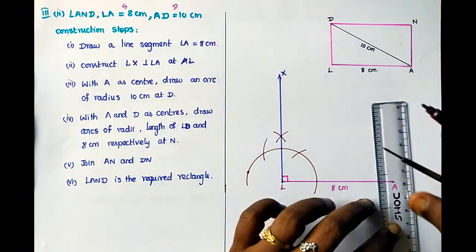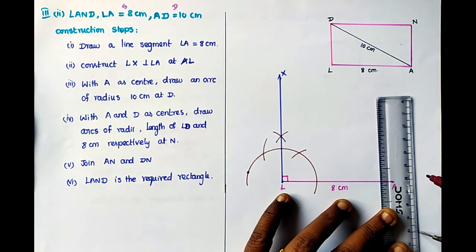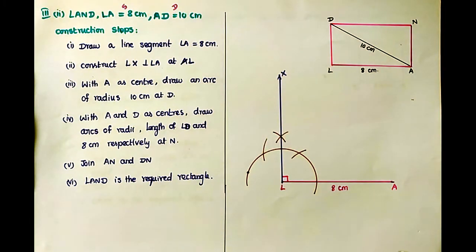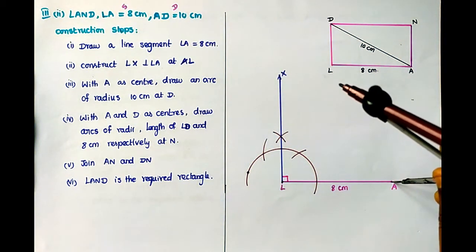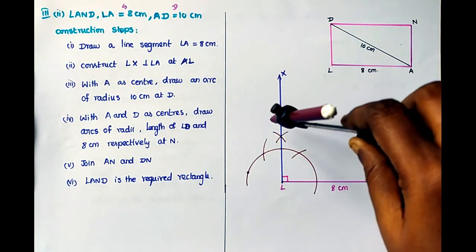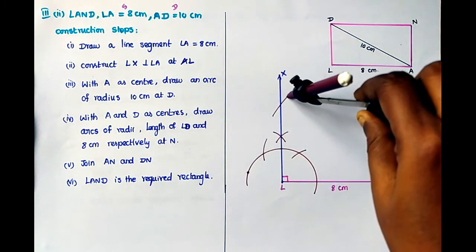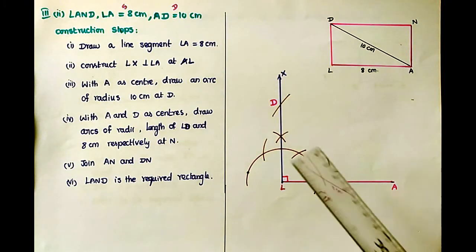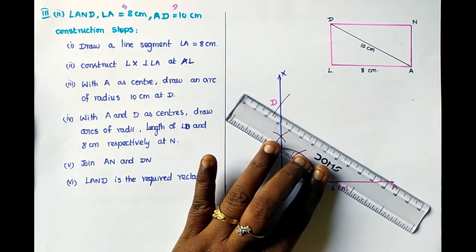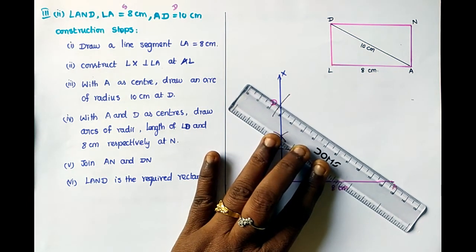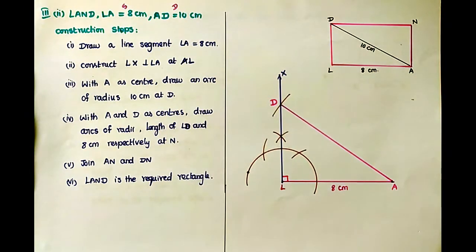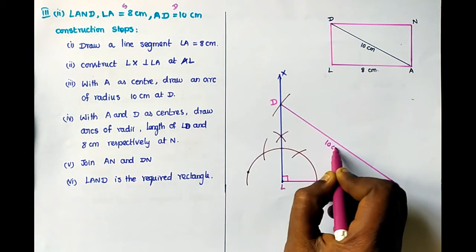So measure 10 centimeter with your compass, and with A as center, draw an arc of radius 10 centimeter at D. Now join AD, that is how much? 10 centimeter.